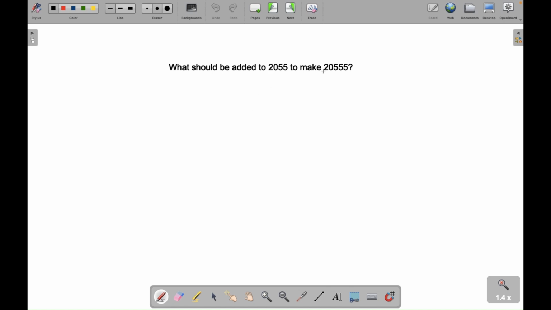What is the question trying to say? I have this already, I need to make this. Or say, assume I have this many chocolates, I need this. So how many more chocolates do I need? Right? So in order to find the number of chocolates I need, I just have to subtract these two numbers. So we can get the answer by doing subtraction.